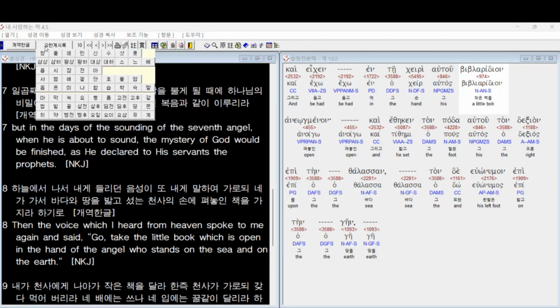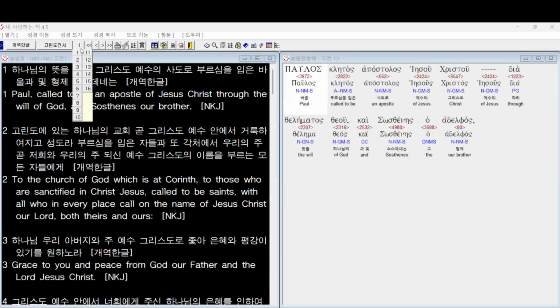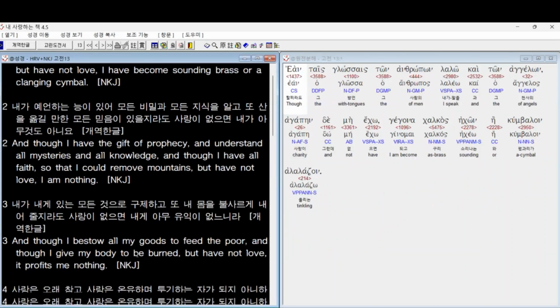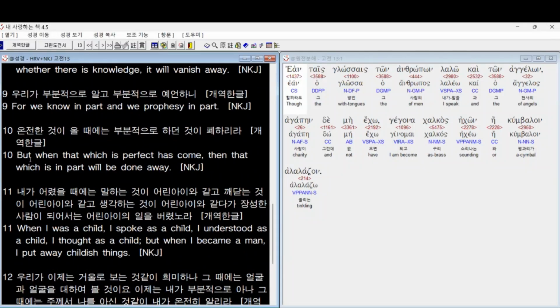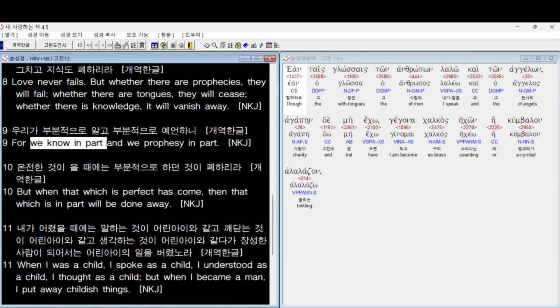When we go to 1 Corinthians chapter 13, it says, we know in part, we prophesy in part, until the fifth day, until I ate the little book, until I received the seventh messenger's trumpet, until I understand the mystery of God and Christos.